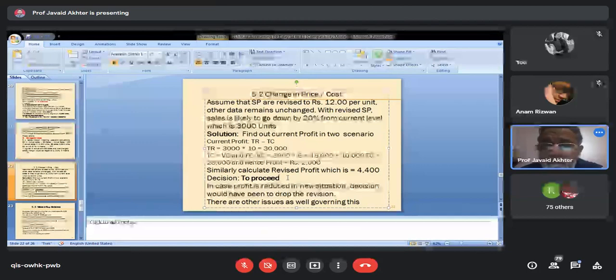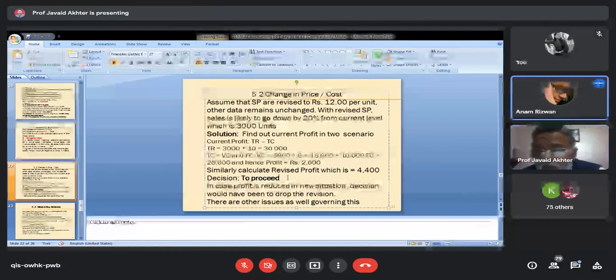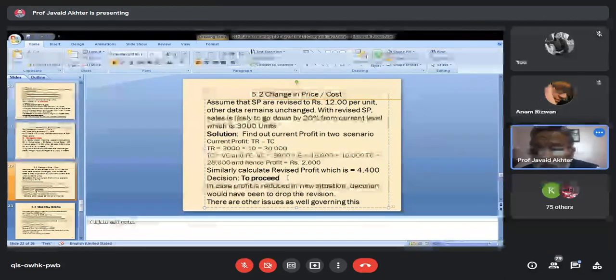Number 2. You have noted number 1? Yes, sir. Number 2. In the current example, a reduction of 20% in sales is still resulting in additional profit of ₹2,400.